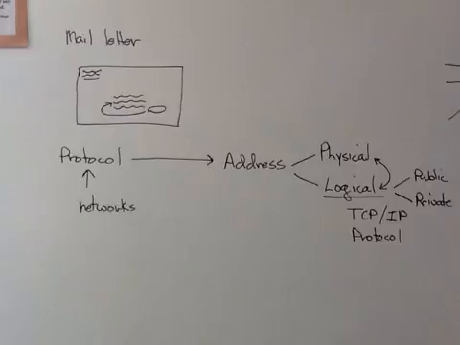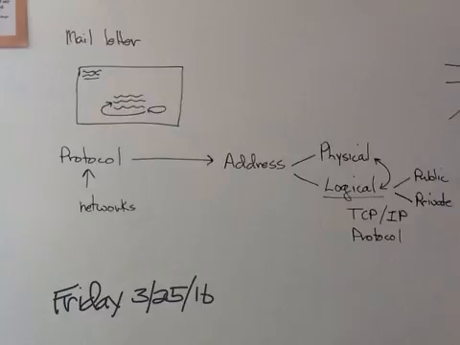So let's look at the example. This was Friday, and that would have been, let's see here, that would have been the 25th of 2016. So we started off, we talked about mailing a letter. And in that letter, some key information. You got some name, okay, we're going to talk about that later.